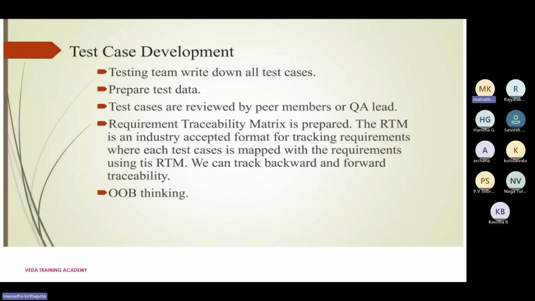Now you see the requirement traceability matrix is prepared. The RTM is an industry accepted format for tracking requirements where each test case is mapped with the requirements in the RTM. We can track backward and forward traceability, right? We have discussed yesterday what is forward RTM, what is backward RTM, and what is a mapping.